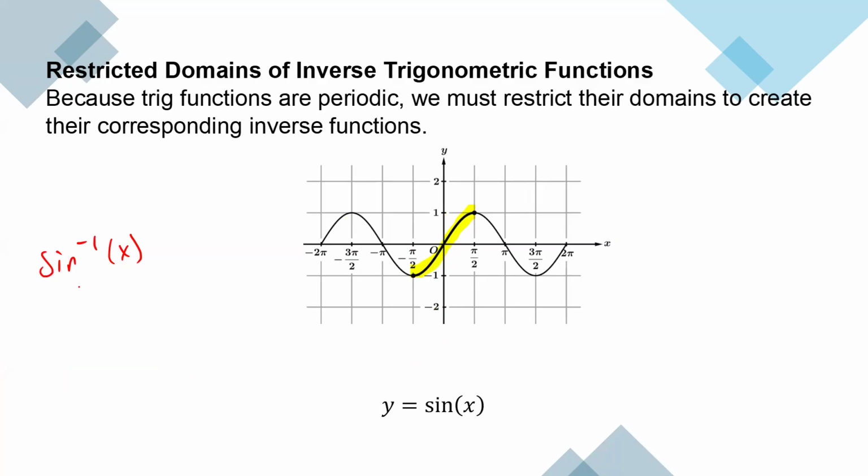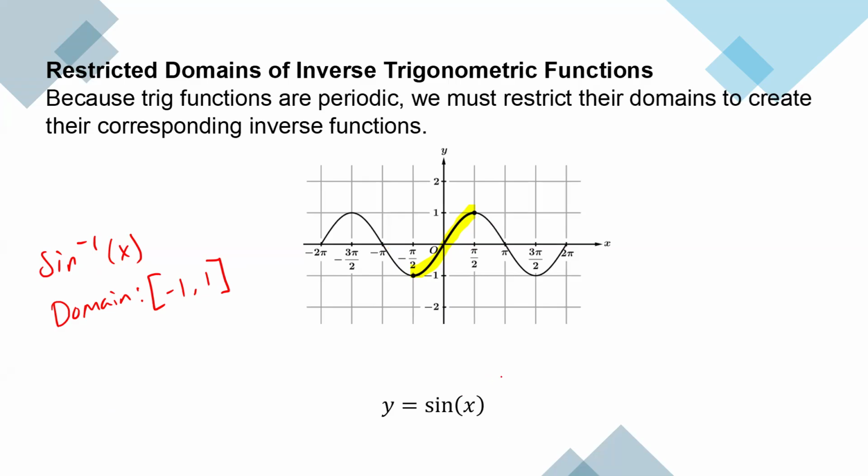But because I'm restricting it for my inverse, the domain of my inverse is what was my range on my original. And what was my range? -1 to 1. So my domain is now -1 to 1. I meant my domain, I'm sorry. Remember, for inverse, your domain and range switch.